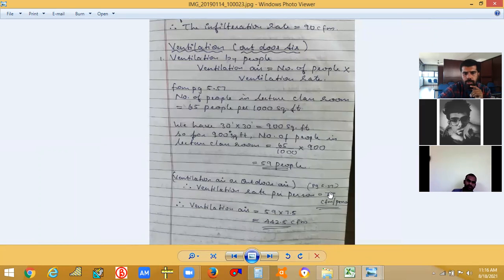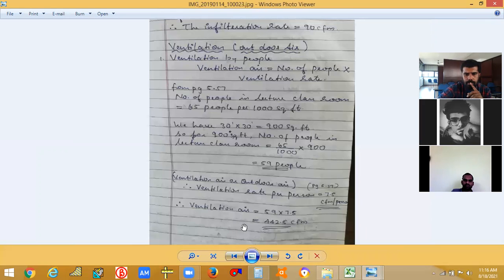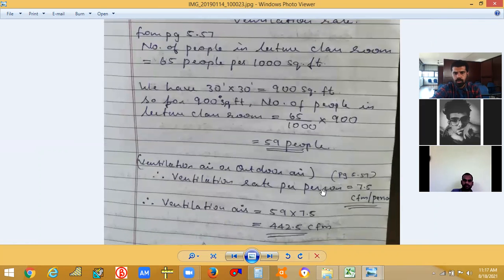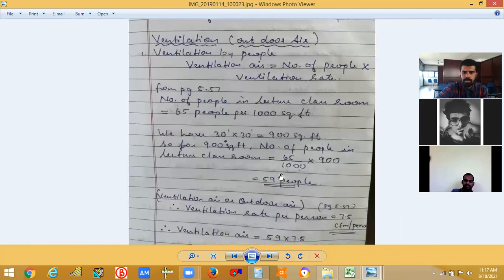Ventilation air or outdoor air, page number 5.57. Ventilation rate per person is equal to how much? 7.5 CFM per person, correct? 7.5 CFM per person. So don't forget all these values, okay? We need these values in future calculations also. So find out the ventilation air, 59 into 7.5. What will be the answer? Just give it in the chat.